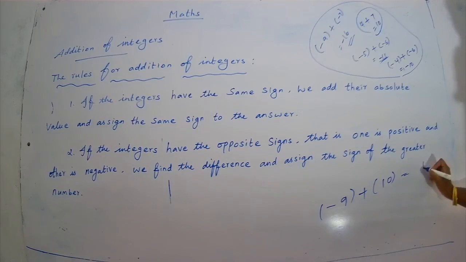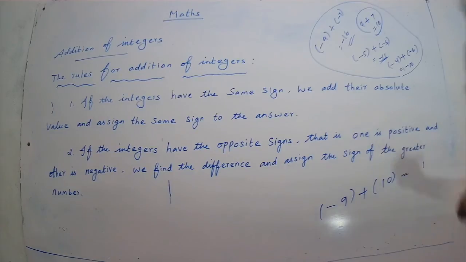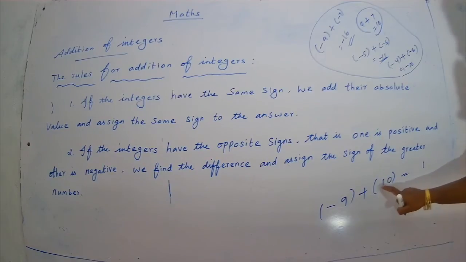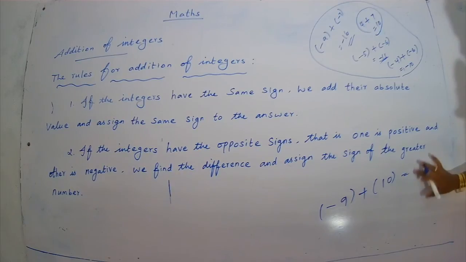So 1, and assign the sign of the greater number. Here two numbers are there. Which one is greater? 10. What is the sign of 10? Positive. So that's why your sign is plus. You can put plus, otherwise no need. So therefore your answer is 1.